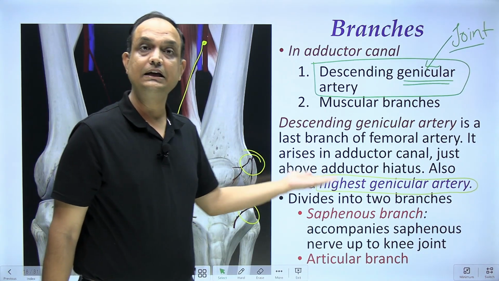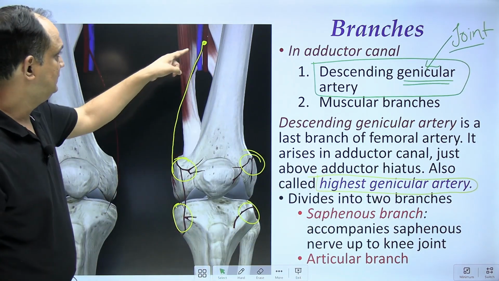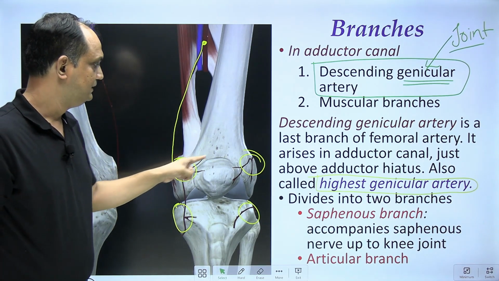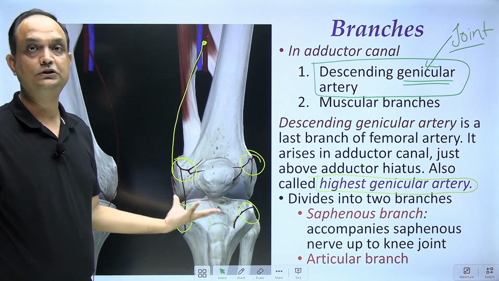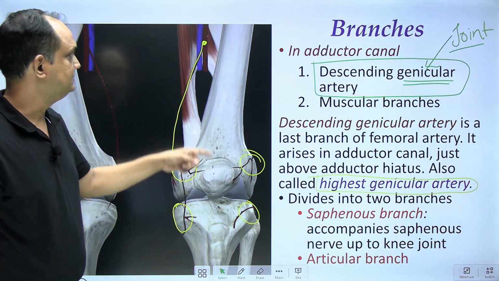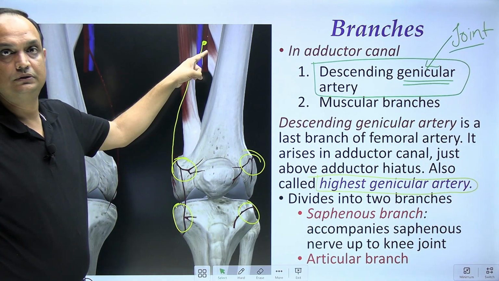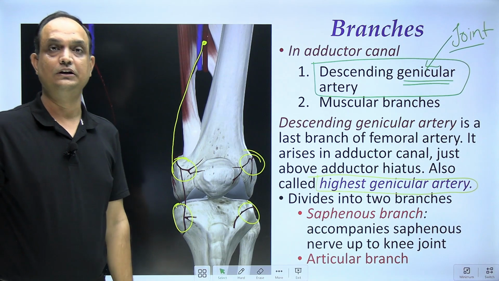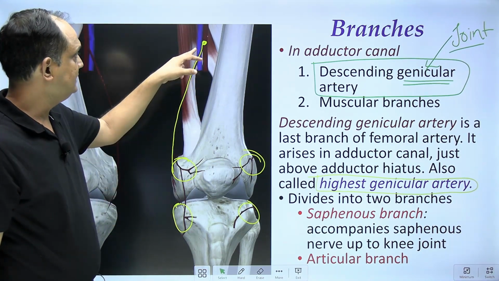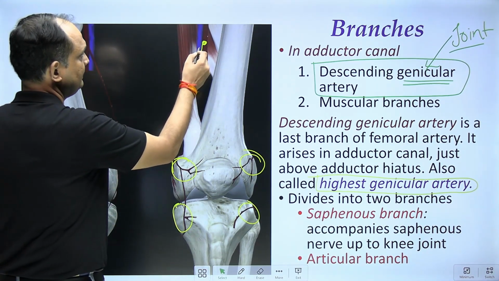Genicular means the branches supplying the knee joint, and out of all the branches it has the highest origin, and that is why it is known as the highest genicular artery.